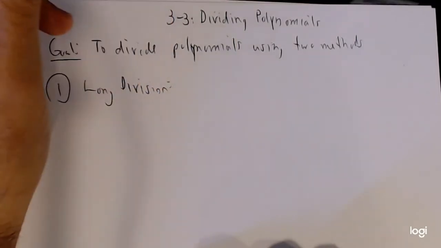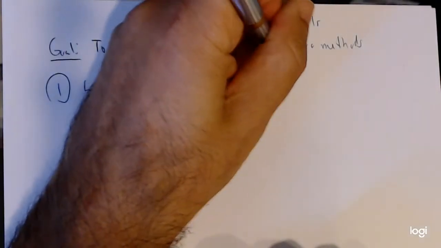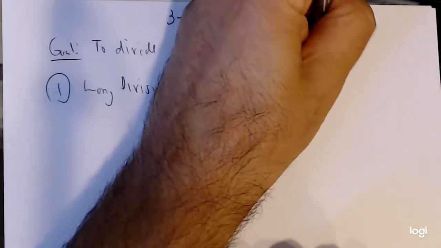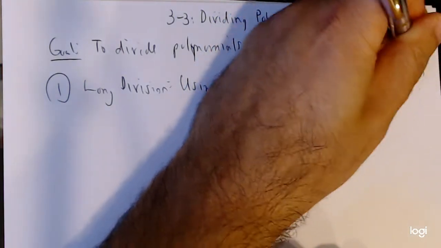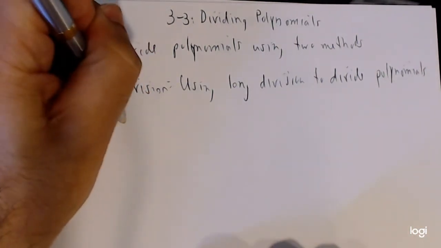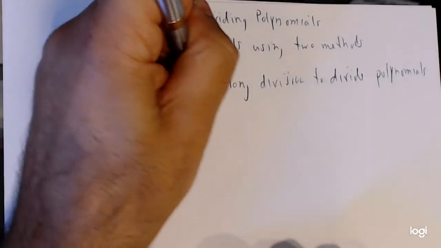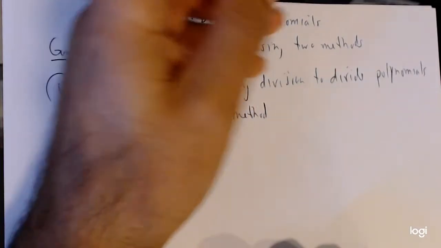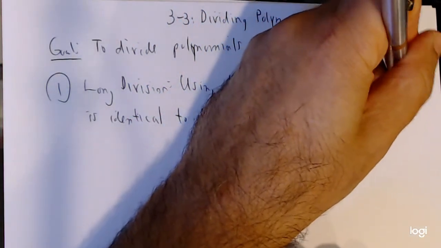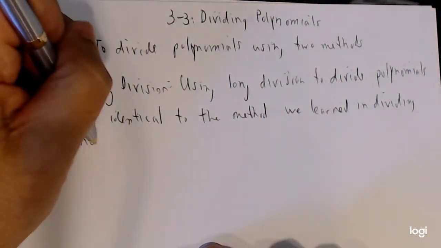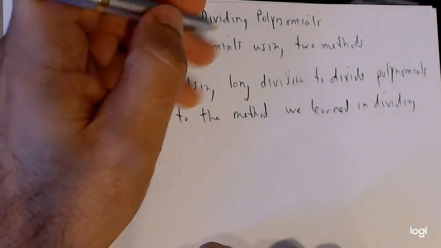Okay, and so what I want to comment here is that using long division to divide polynomials is identical to the method we learned in dividing numbers using long division.